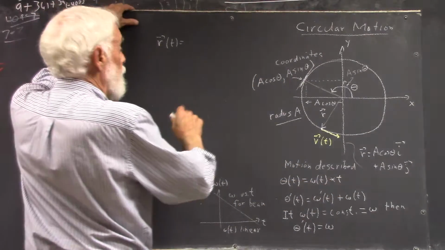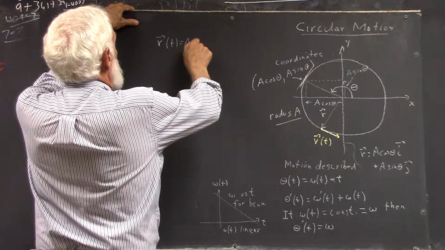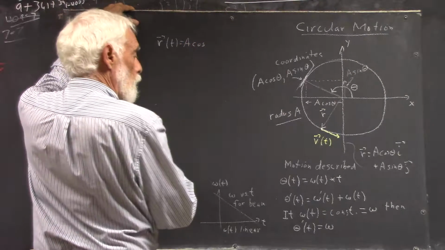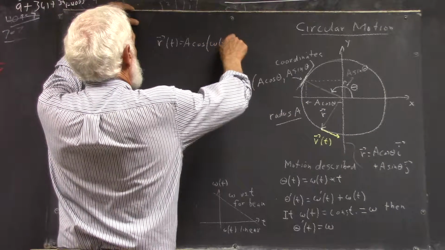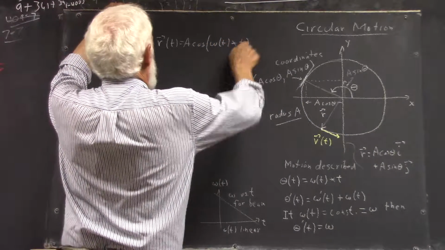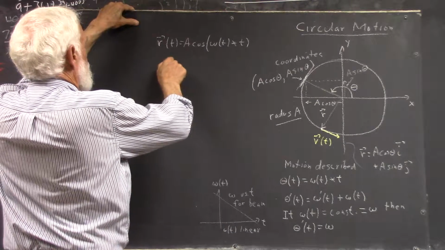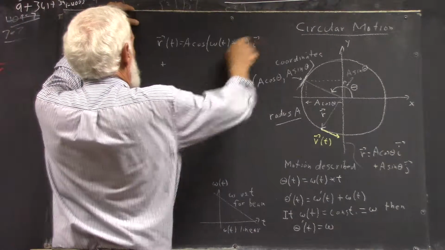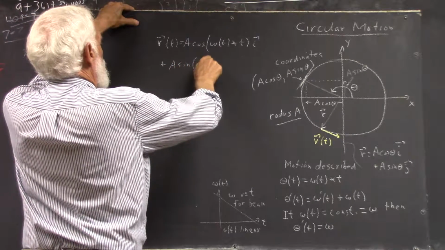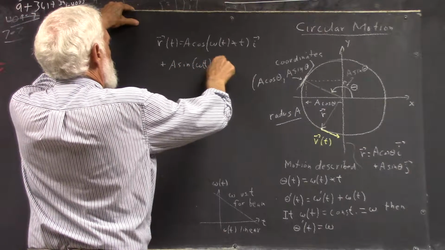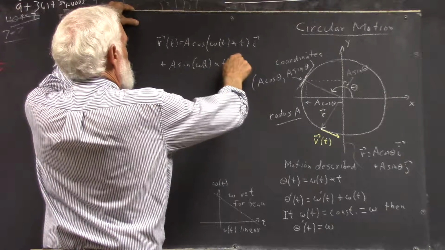So r of t is going to be a cosine of omega of t times t times the i vector plus a times the sine of omega of t times the j vector.